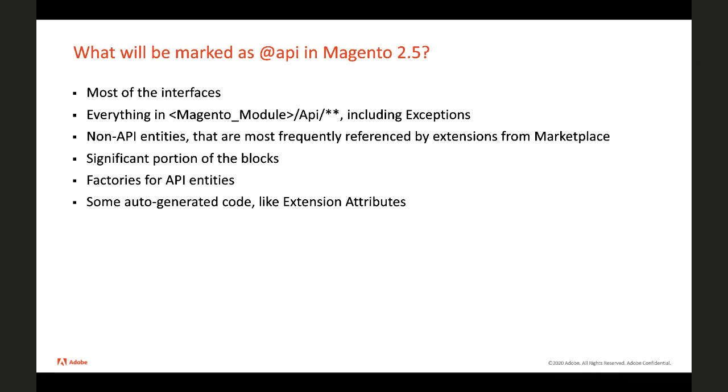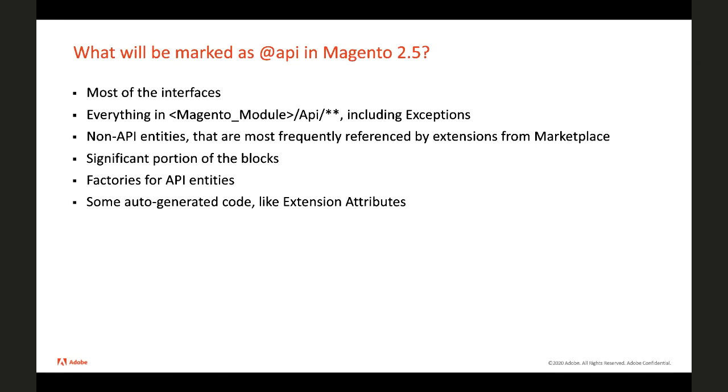Another area which is currently lacking API annotations is factories for API entities. Obviously, if you have a non-injectable class like product or customer, you have to use factory to create an instance of that entity.